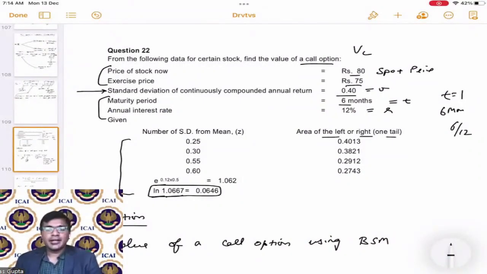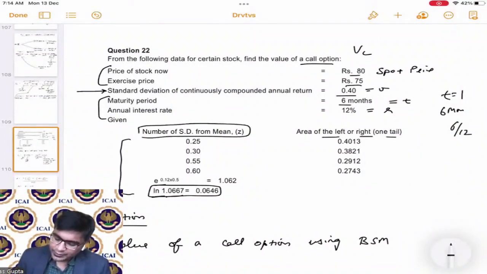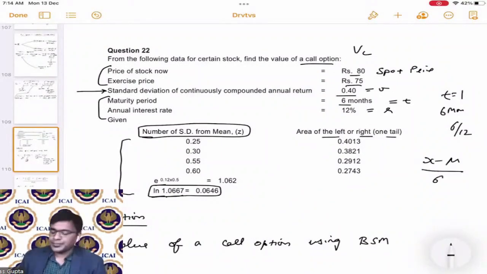This is the standard normal distribution table. Now, how can we conclude that this data is for the standard normal distribution? Because of this phrase, number of SD from mean. That means, can I rewrite this as x minus mean divided by standard deviation, correct?